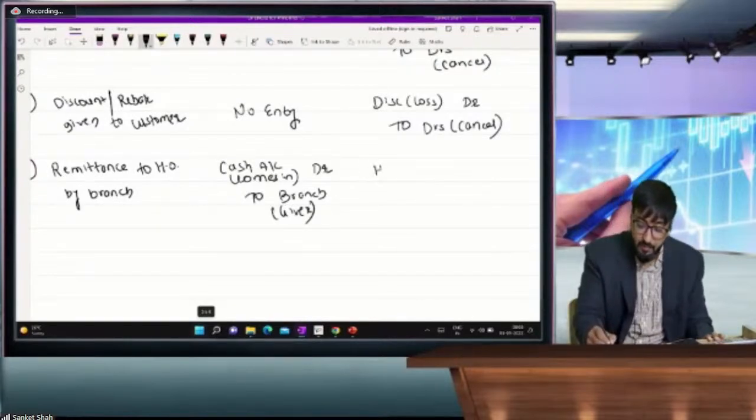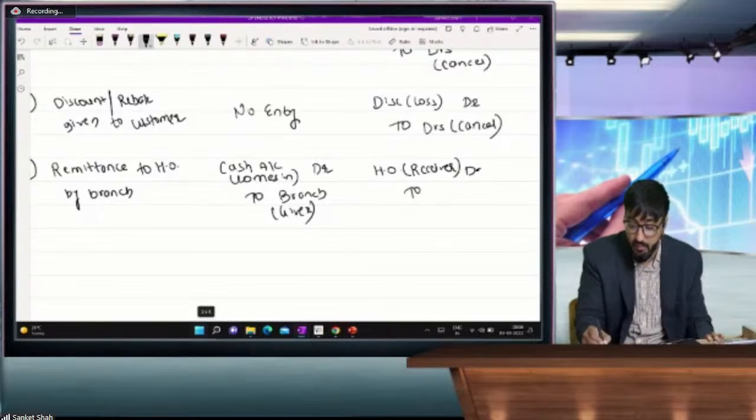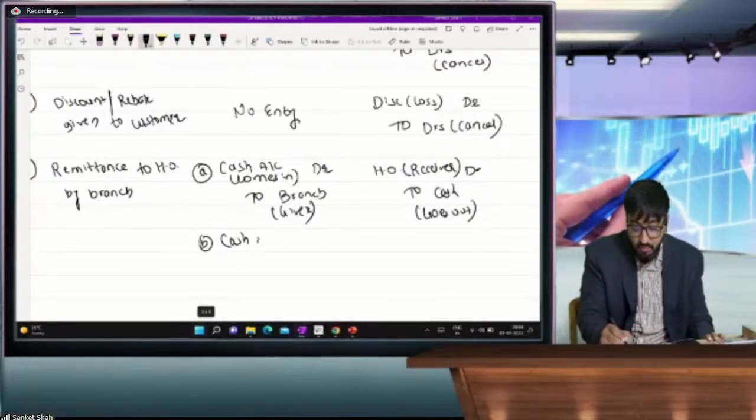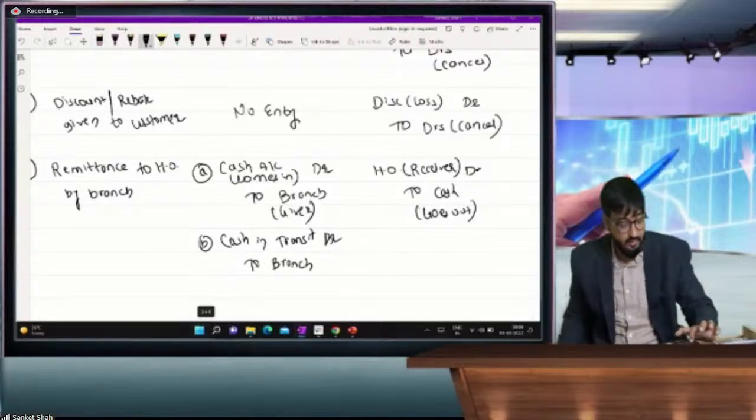And head office account debit, receiver to cash goes out. Sometimes this cash may be in transit. So cash in transit account debit to branch is also a correct entry.